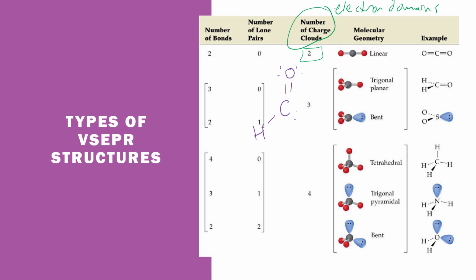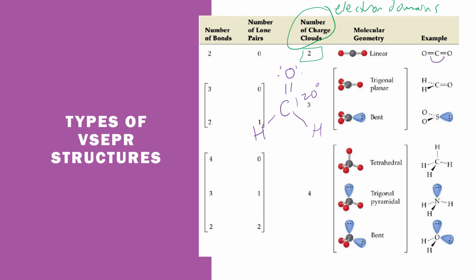Now, since we're talking about it, let's also talk about bond angle. The angle between these two bonds in a linear molecule must be 180 degrees because it's a straight line. But if it's trigonal planar, then you're going to have roughly 120, because imagine a circle is 360 degrees divided by the three areas of bonding, so that's a 120 degree angle.